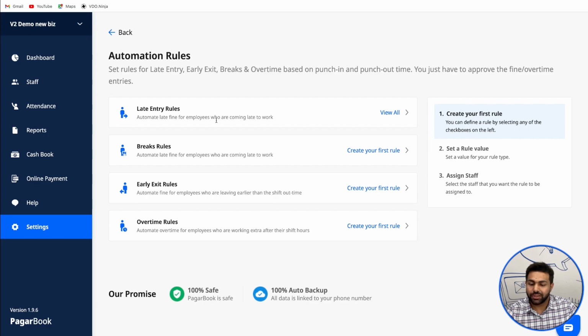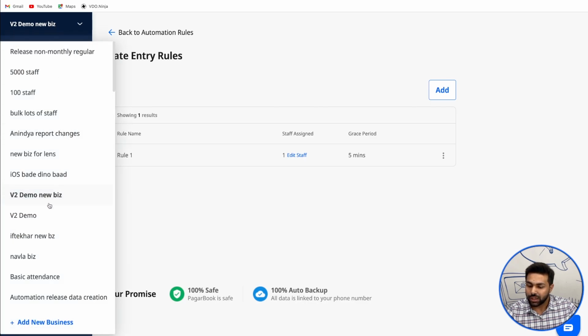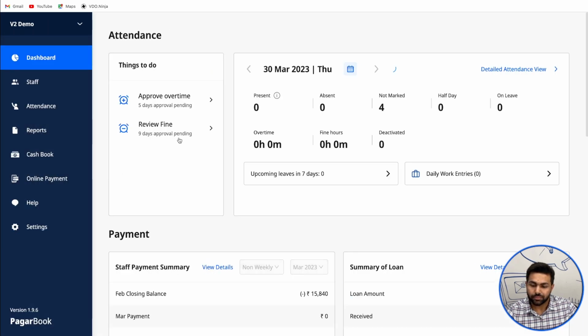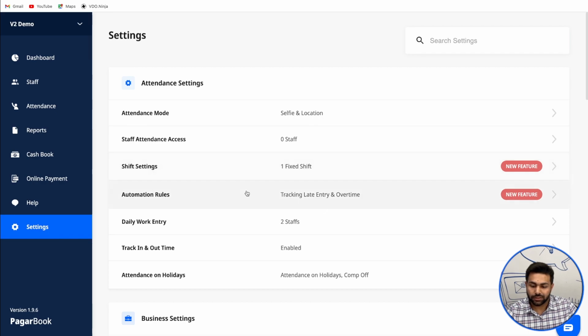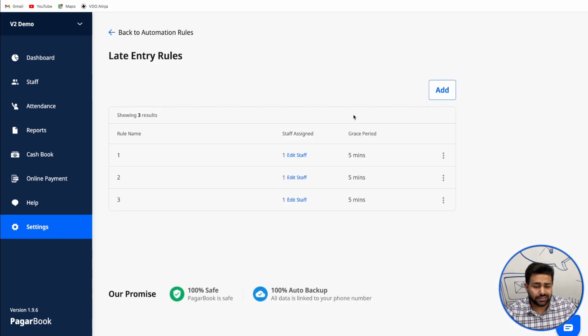So as we have learned all these rules, we also do have another option, where for these late entry rules we can set multiple rules. There can be rule 1, rule 2 and rule 3, and it can be assigned to different staff or different departments or different staff having different shifts.